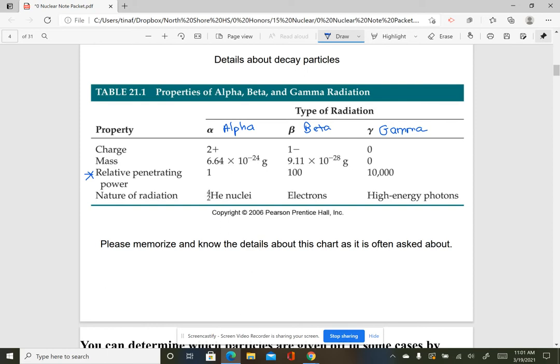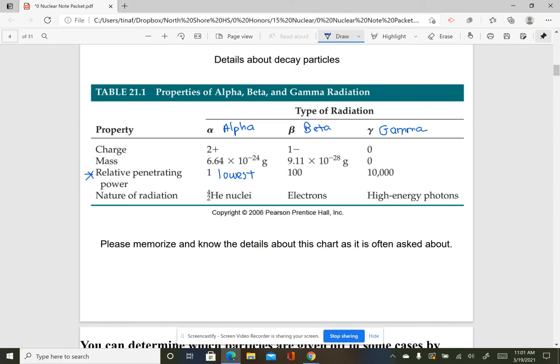So it's the same thing with particles. Alpha particles have a bigger mass compared to beta and gamma particles. So as far as squeezing through small places, they're not very good at it. So alpha particles have the lowest penetrating power of the 3.